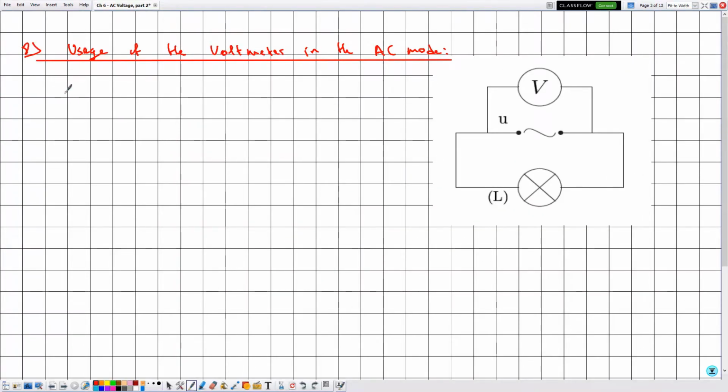So let me write down a voltmeter in the AC mode. So the voltmeter functions in two modes.